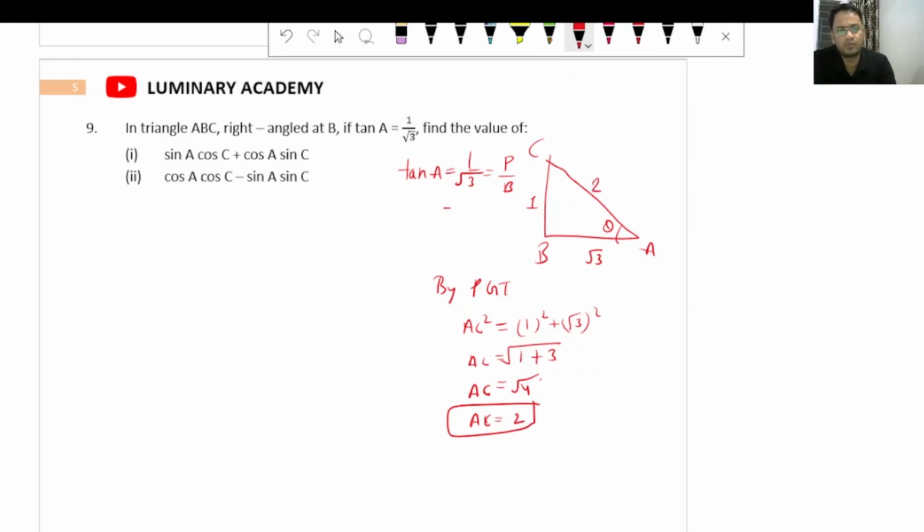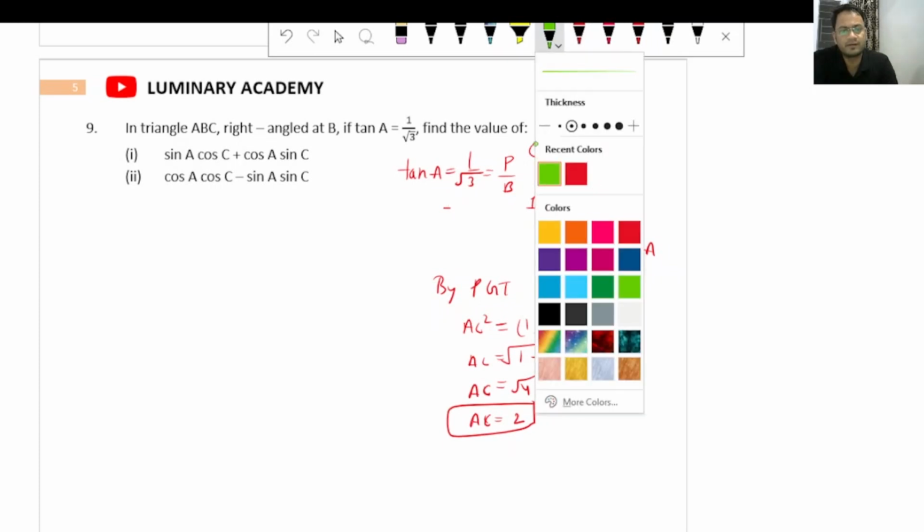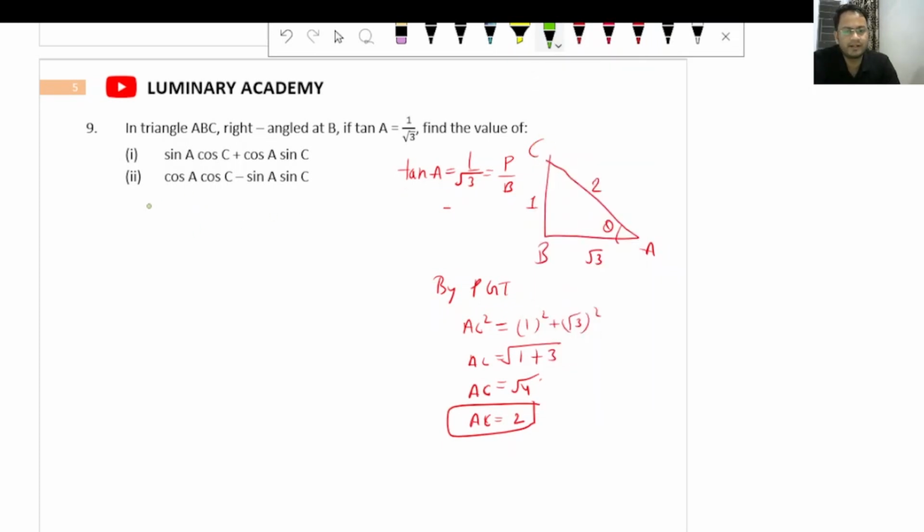Now what you need to do is find the sine. There is a change in angle, so first we'll find all the ratios first, so it will be easy for us to solve.